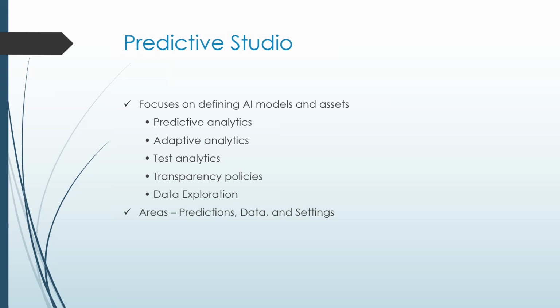So Predictive Studio basically brings in the AI features. Right? So these are the various studios that are intended for different sets of people. Right? Yeah. So clear with these studios?